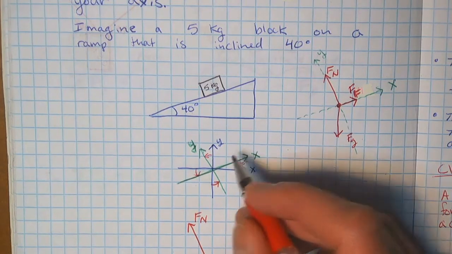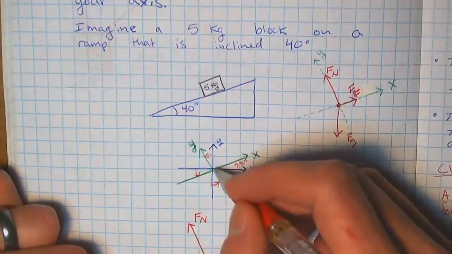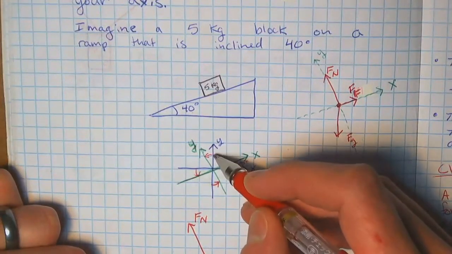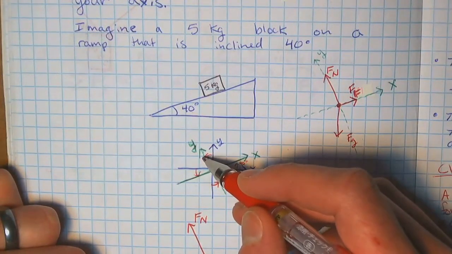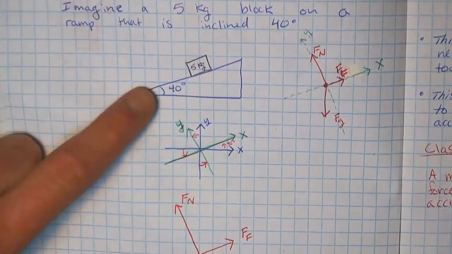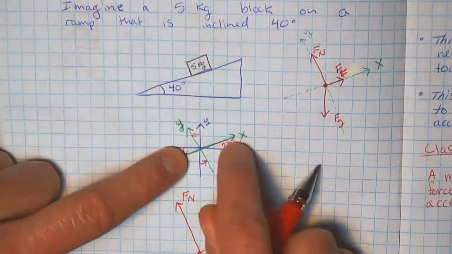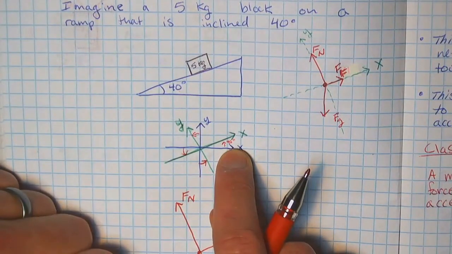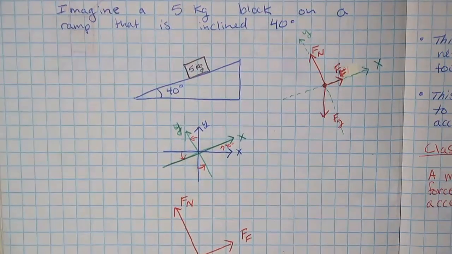Same thing with y: it rotates the same amount. It used to point straight up and down, and it now points perpendicular to the surface. In this case, we rotate everything 40 degrees. You probably can't see it because it's too small, but that says 40 degrees right there.